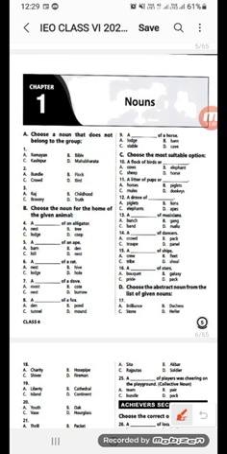And options are nest, tree, lodge, coop. Tree is the home of monkeys, birds. Lodge is the home of beavers and coop is the home of hen. So the correct answer will be nest. Nest is the home of an alligator.